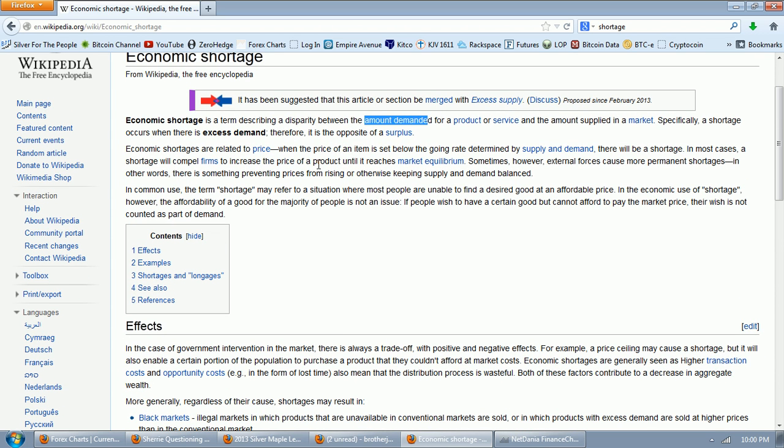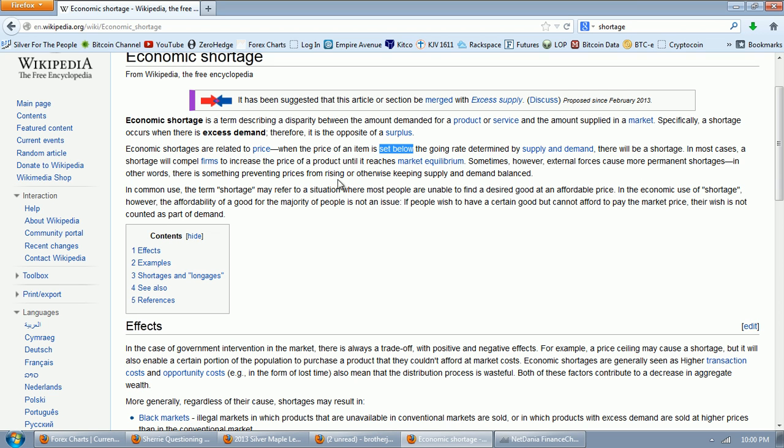Economic shortages are related to price, when the price of an item is set below the going rate determined by supply and demand. So you can see there's a hint at the fact that there's a market interference going on. There will be a shortage.